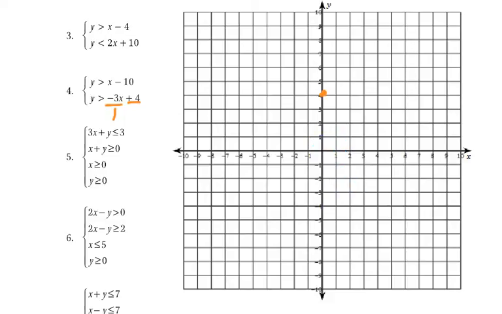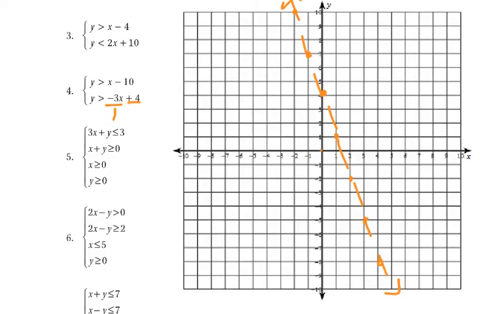That's my pattern. So down 3 to the right 1. And I just keep that pattern going. Or I can go up 3 to the left 1. Notice on both of these there's no equal to, so that tells us it's a dotted line again, or dashed, however you want to say it.